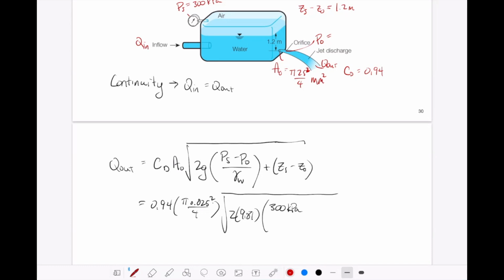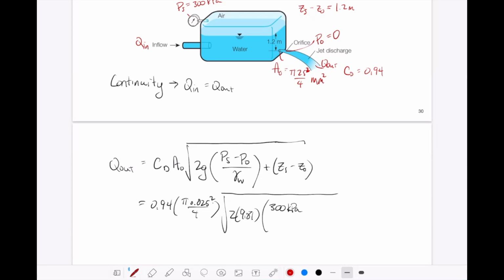Any ideas? Yeah, it's our atmospheric pressure. So right after the fluid leaves, that's the pressure we're considering. Just after it exits the orifice, that fluid is exposed to the atmosphere, so our pressure is atmospheric pressure. And since the pressure that's given to us is a gauge pressure, we're considering the atmospheric pressure as 0, so this is equal to 0.